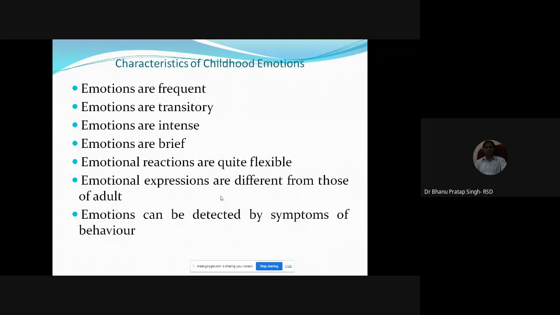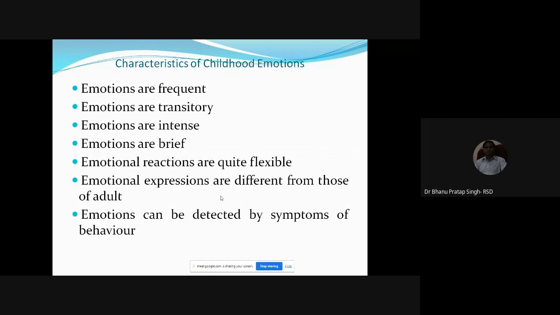Characteristics of childhood emotions. You know, emotions are frequent. Emotions may come anytime, anywhere, in anybody. If one is crying in a group, then others may have the same kind of emotions. If one is laughing, then the other may also start laughing.